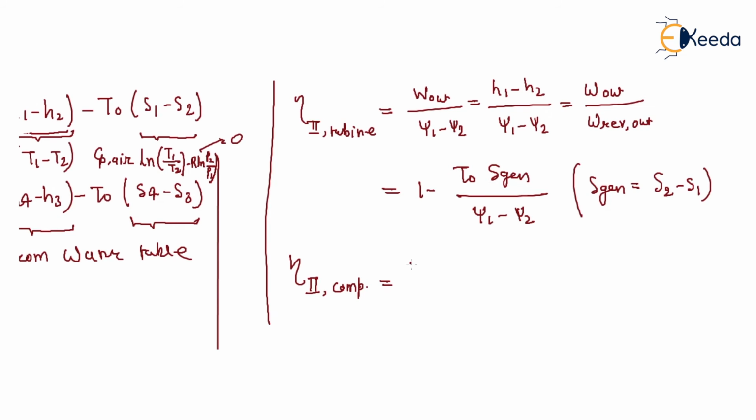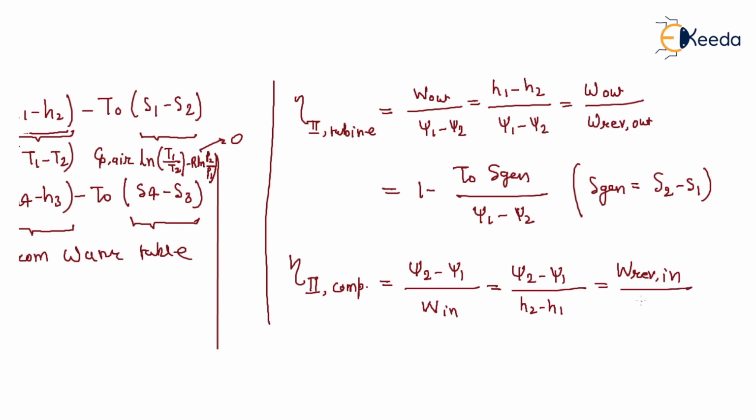This is just the reverse: phi 2 minus phi 1 divided by W in, right? And what is W in? H2 minus H1. That means this is your W reversible in divided by W actual, right?